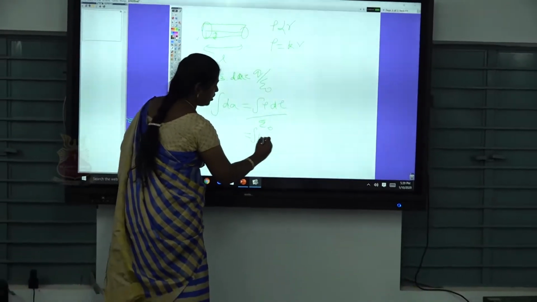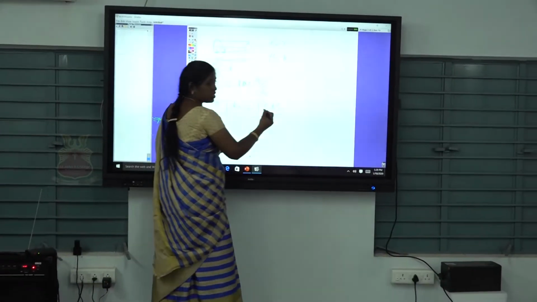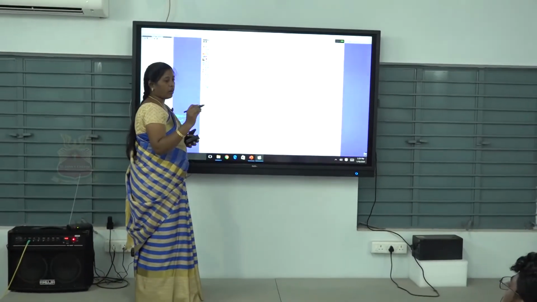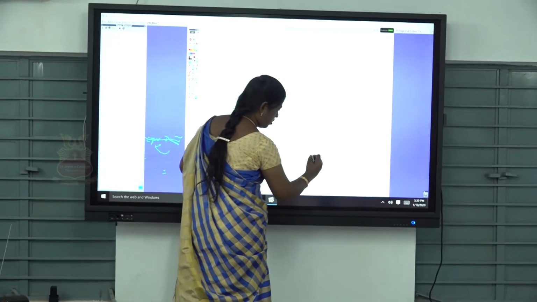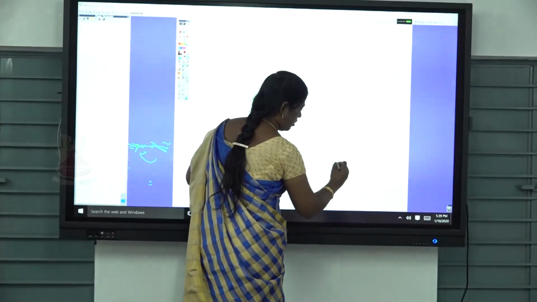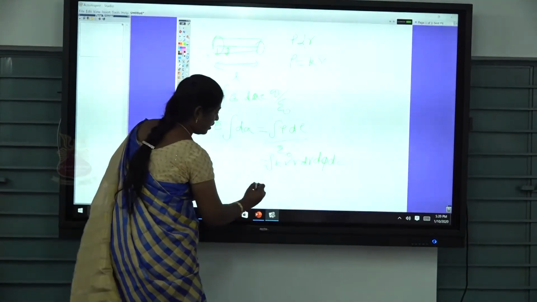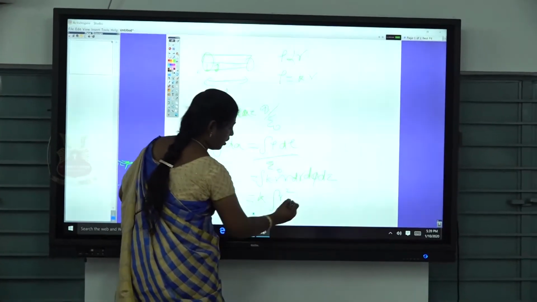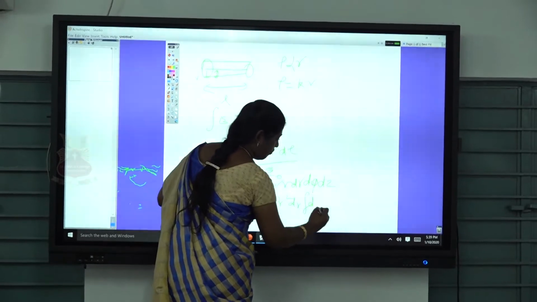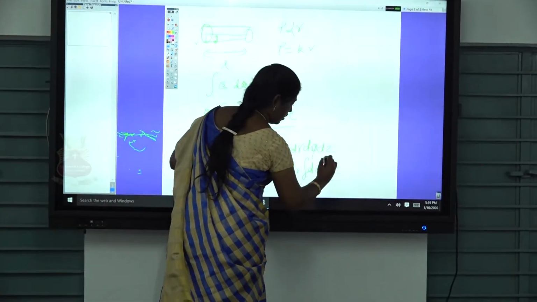Here rho is kr. Then d tau is substituted in cylindrical coordinates, therefore r dr d phi dz. Then integrate k times integral r square dr, integral d phi, integral dz.